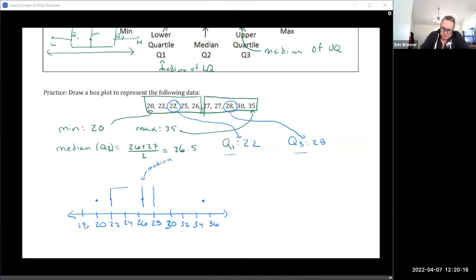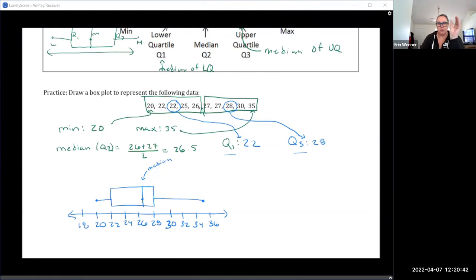So we now connect these and we draw our whiskers. So what is this telling us? Well, the upper set of data is more close together, which is why that box is smaller.